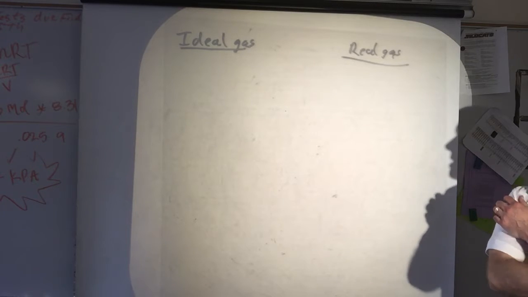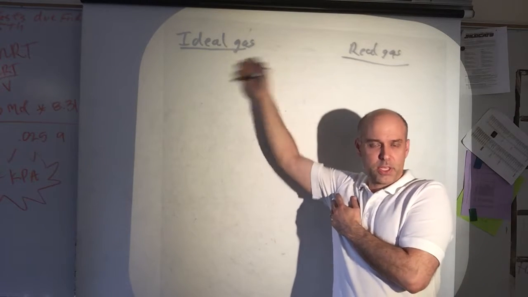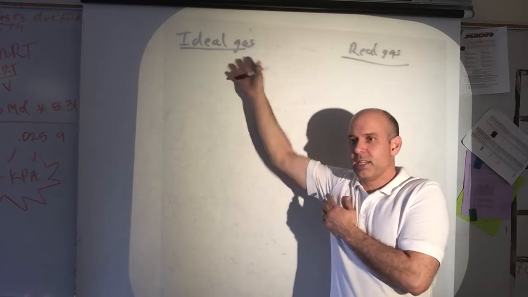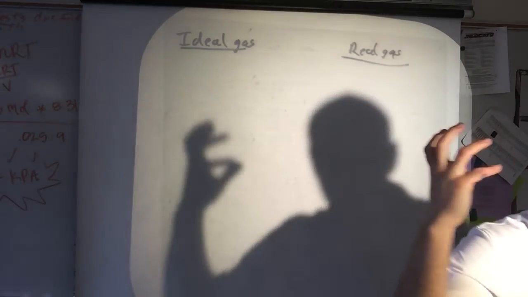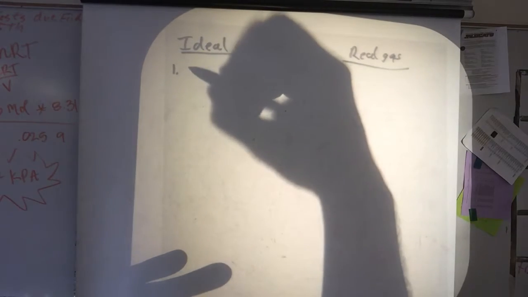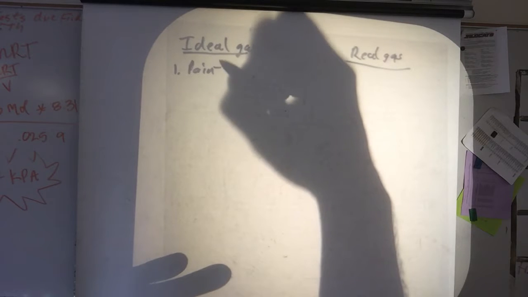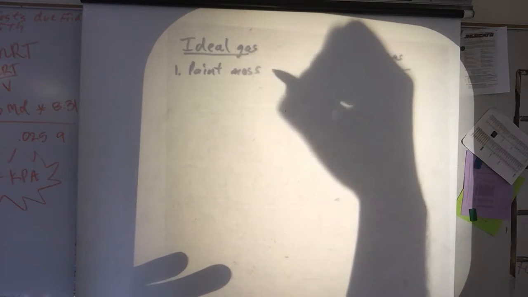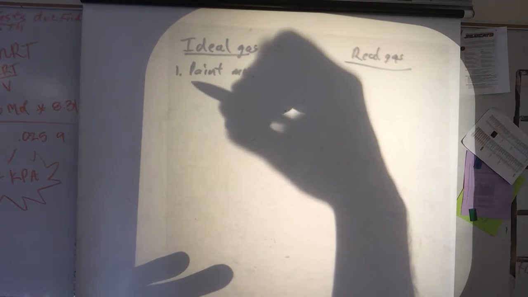And it's similar in this situation. Ideal gas is what we would really love gases to be like. For example, we would love it if gases were point masses. A point mass means that you have mass but no volume.